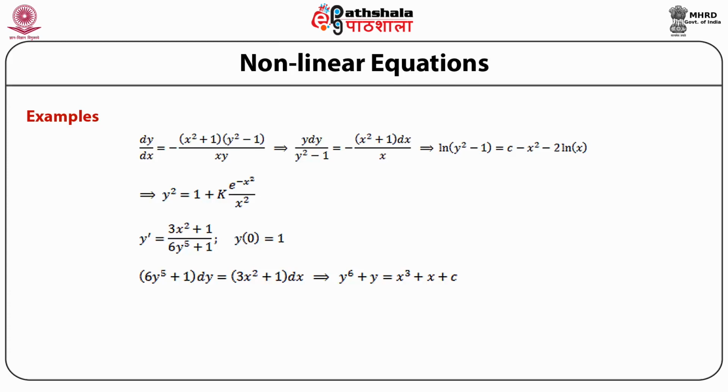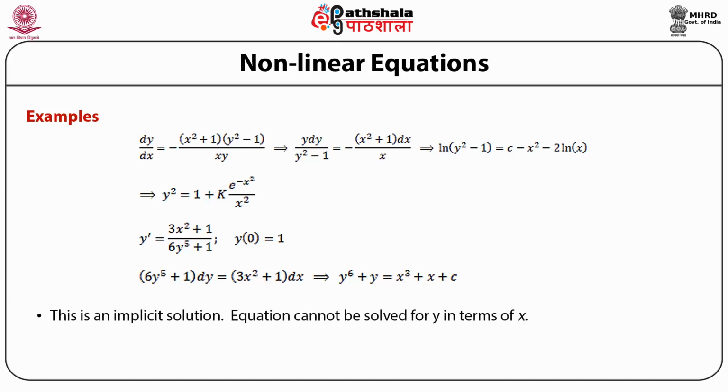On integrating the equation, we obtain y raised to power 6 plus y is x cube plus x plus c. This is the required implicit solution. The equation cannot be solved for y in terms of x. Solution to the initial value problem is thus given by y raised to power 6 plus y is x cube plus x plus 1.